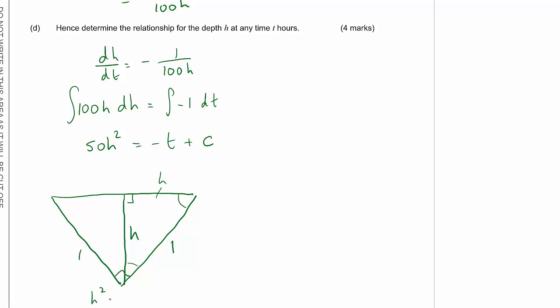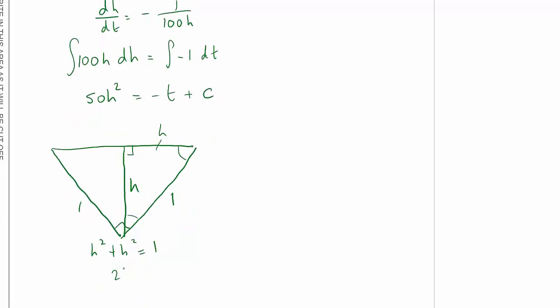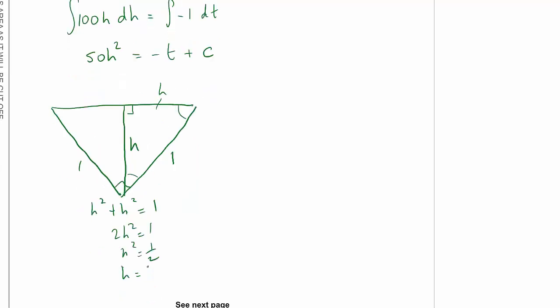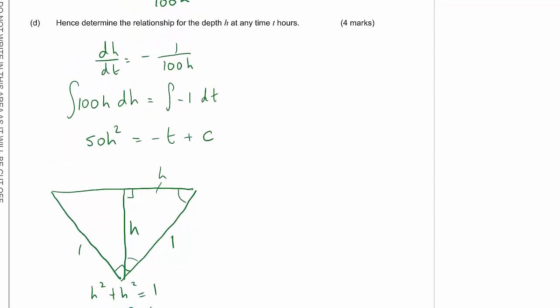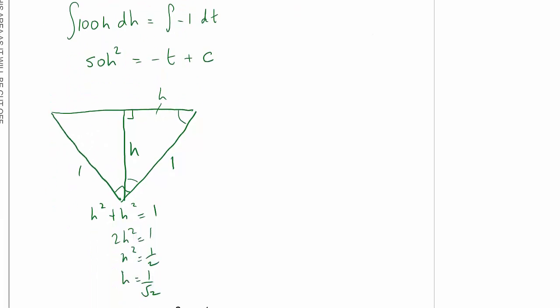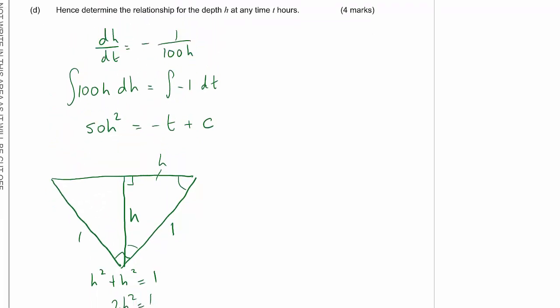So h squared plus h squared equals 1. So 2h squared equals 1, h squared equals a half. h is equal to 1 over root 2. So h is equal to 1 over root 2 when t equals 0. So that would make h squared a half, as we said there.